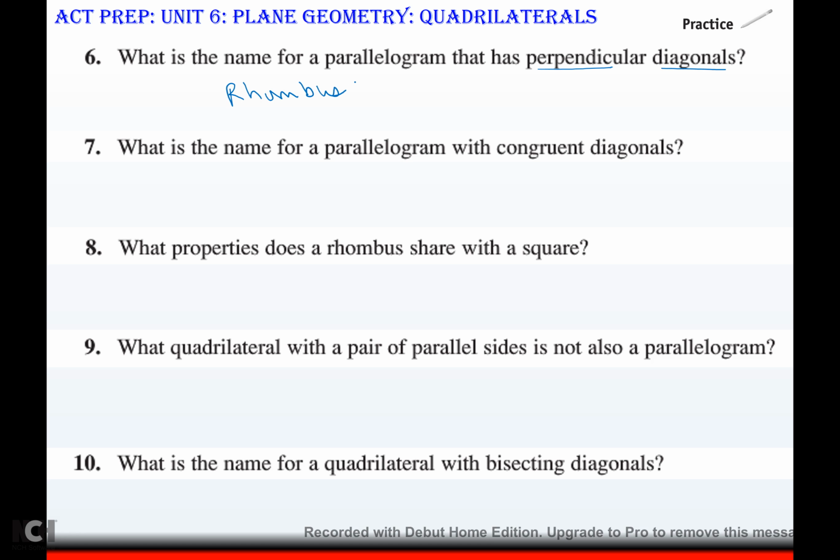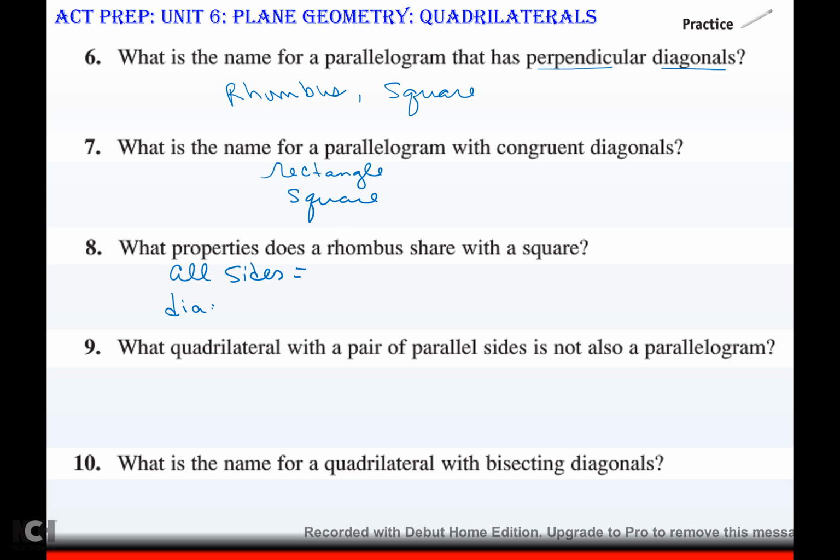And actually, a square. A rhombus and a square would. Okay, 7, what is the name for a parallelogram with congruent diagonals? Well, that would be a rectangle and a square. 8, what properties does a rhombus share with a square? Well, all sides are equal.